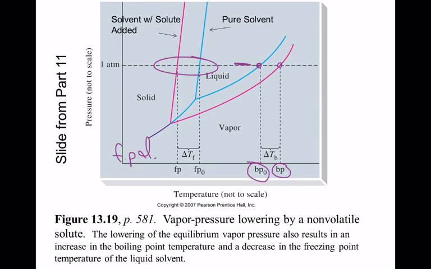So the way this works is, again, normal freezing point temperature in its pure state is here. If you add a solute to it, it's here. I have one figure, I think from your textbook, that says why the freezing point is depressed when you add something to it. And we do it all the time around here.